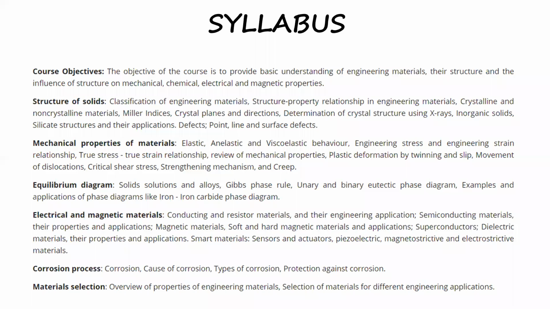Then we will discuss the defects in the solids, because you know that any engineering application is always under a diverse degree of stress. For example, if there is a dam site or a boiler, it is always under different degrees of stress. So sometimes stress could lead to a failure.